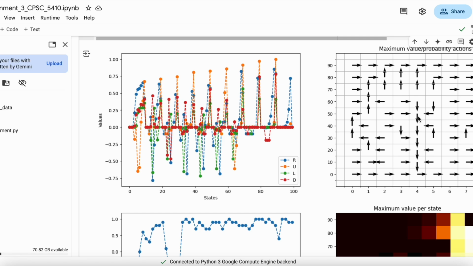Each arrow points in the direction of the highest value action based on the learned Q values, so either up, down, left, or right, depending. In that case, it's down. Over time, the agent explores and learns from its environment, and the arrows begin to form a clear path from the green star state to the yellow state. And of course, ultimately, we're trying to avoid the red wall.